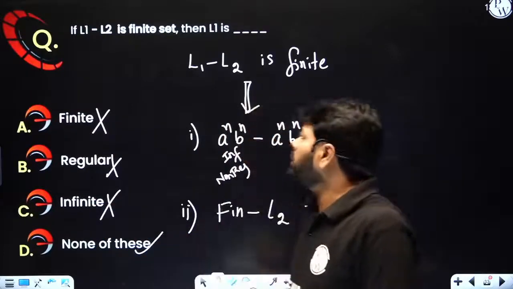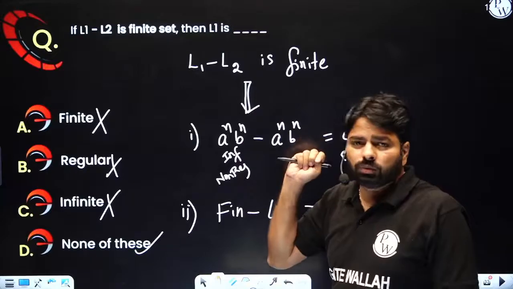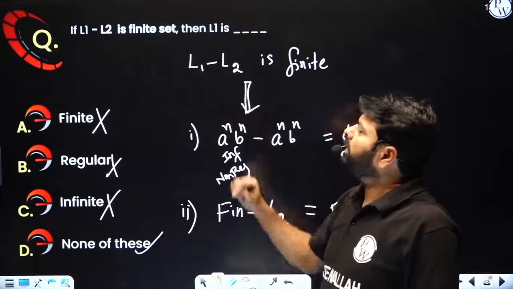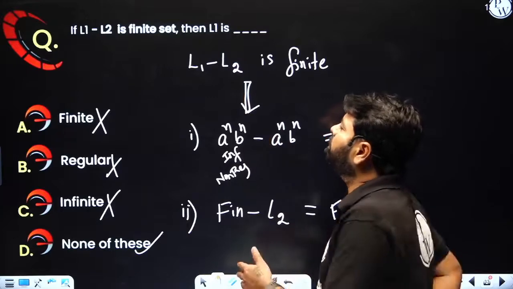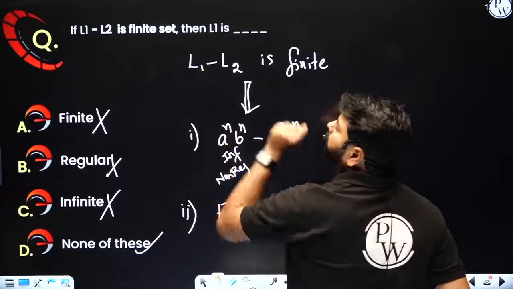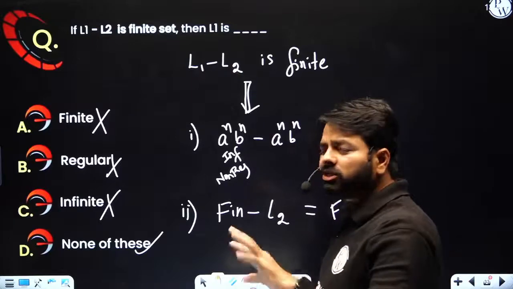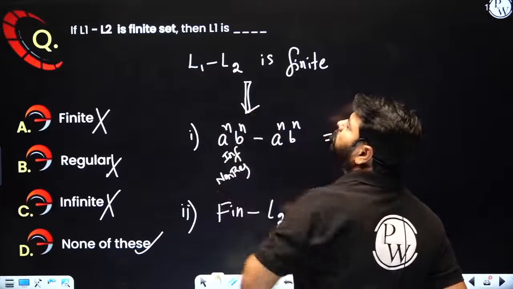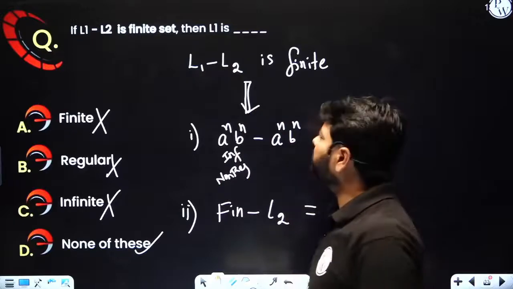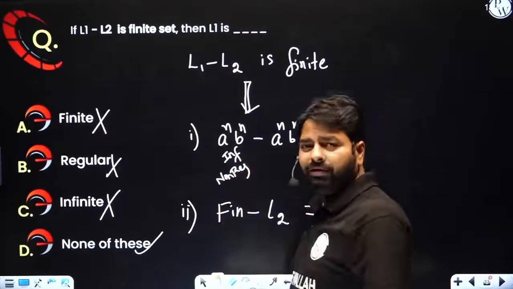Now when you talk about both L1 and L2, there are some things we may discuss, like both L1 and L2 being finite. Is there any such situation that happens? Is it always that both L1 and L2 are finite? Not always, right? Sometimes both L1 and L2 can be infinite.